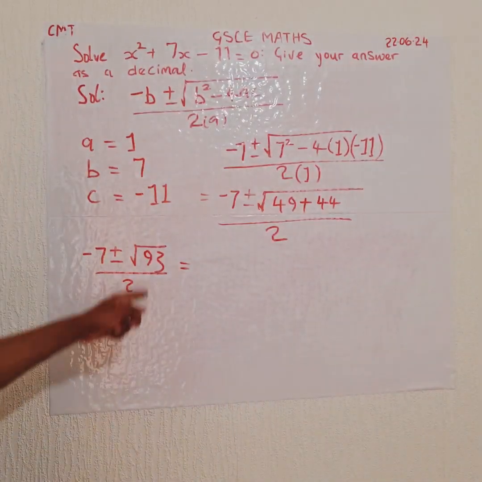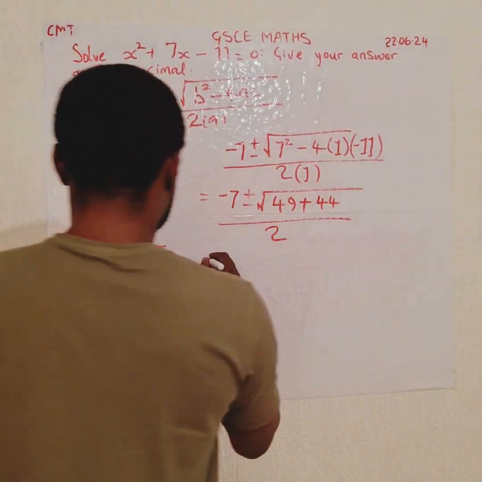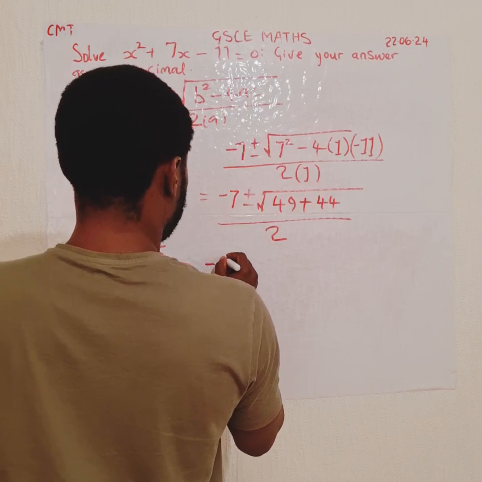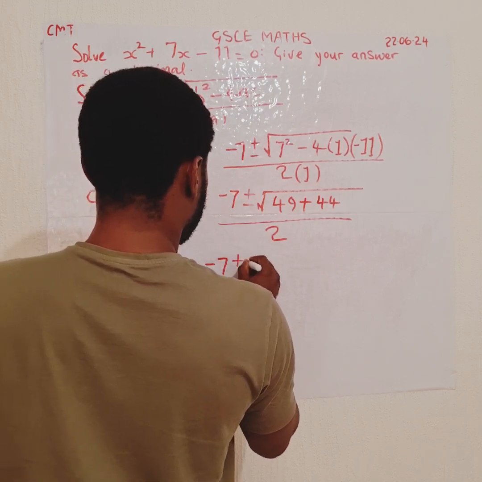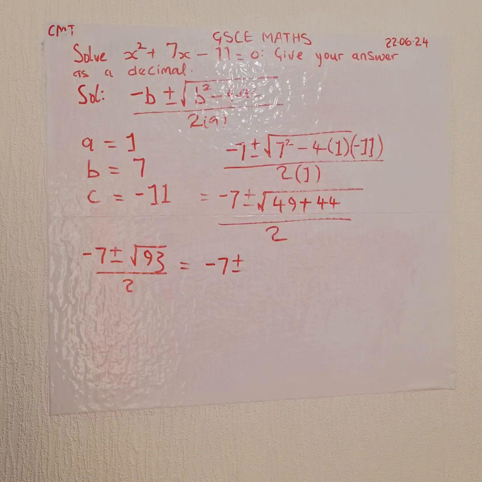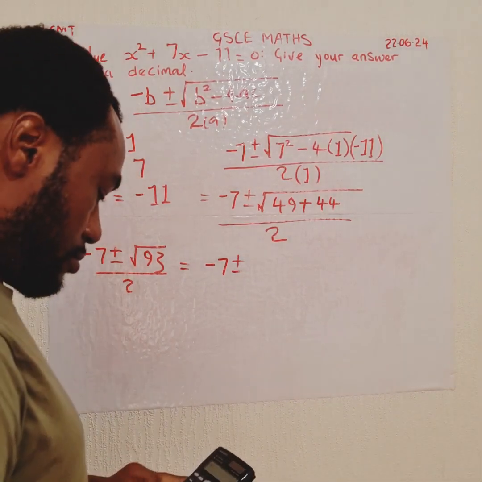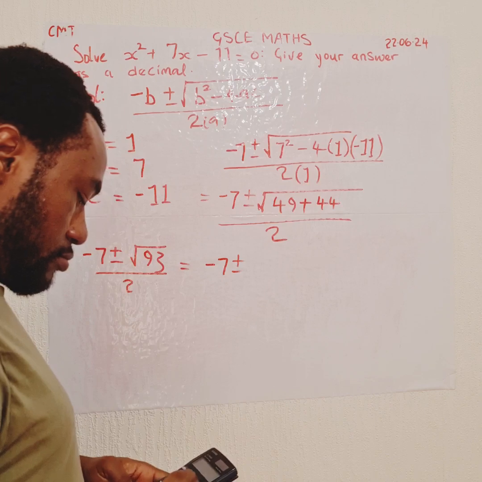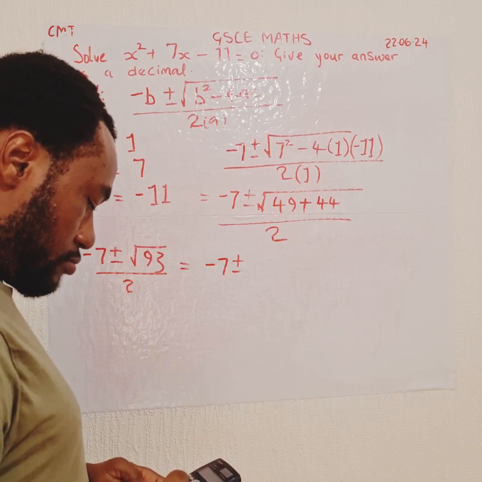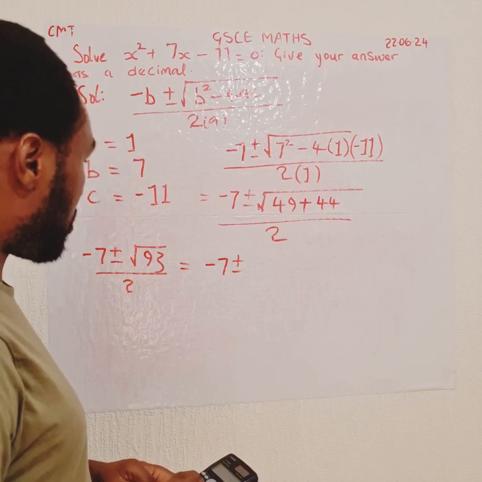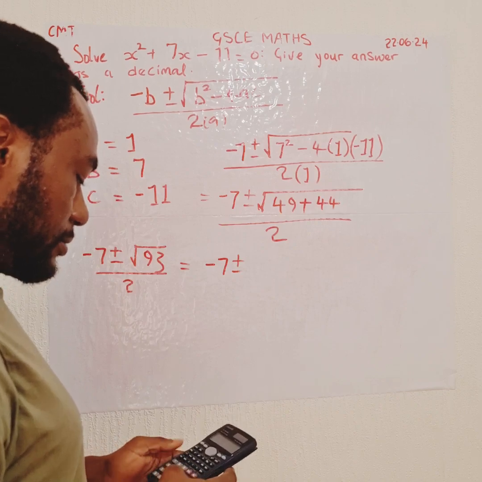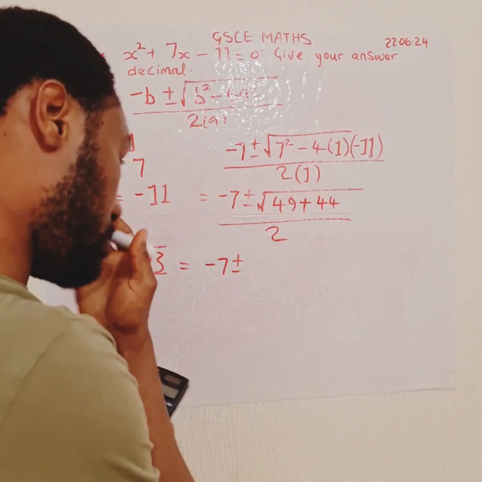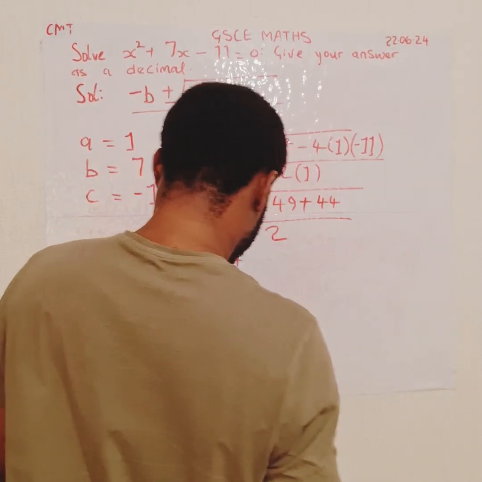Next step, we'll have to take the square root of this, and we have minus 7 plus or minus, all right, the square root of 93, I would have 9.643.